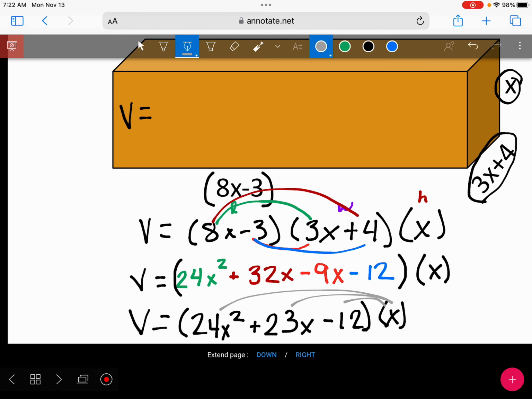Multiply that x through. So our volume is 24x cubed plus 23x squared minus 12x. And that's our final answer.